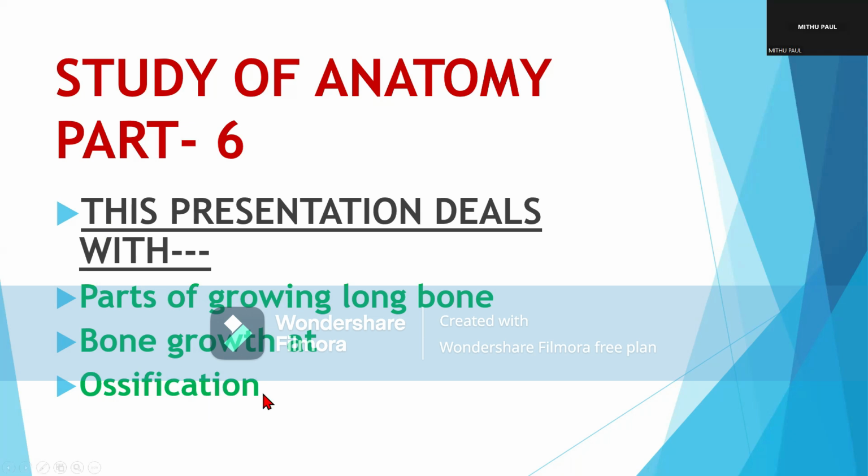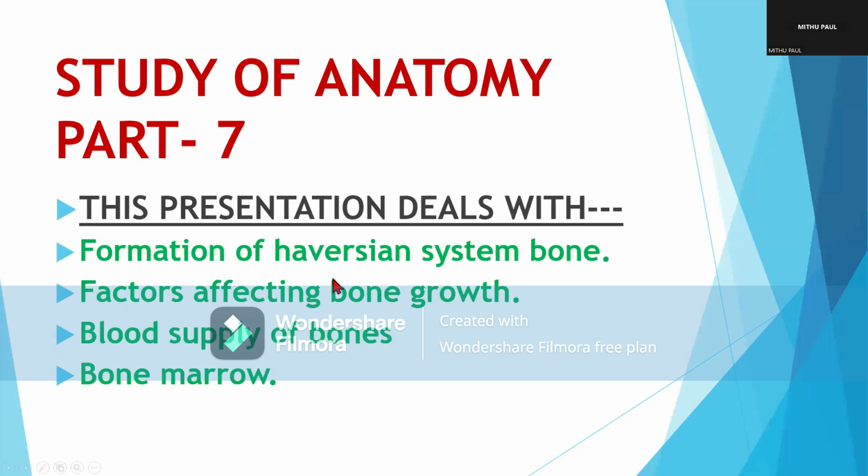Ossification, what is ossification, what is center of ossification, what are primary and secondary centers of ossification, how they are separate from one another, the exceptions related to appearance of these ossification centers, and how ossification proceeds. So this much from today's presentation. In the next presentation, we will proceed with the formation of the Haversian system, factors affecting bone growth, blood supply of the bones along with the bone marrow.